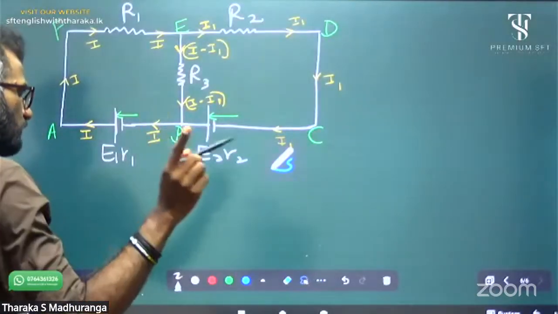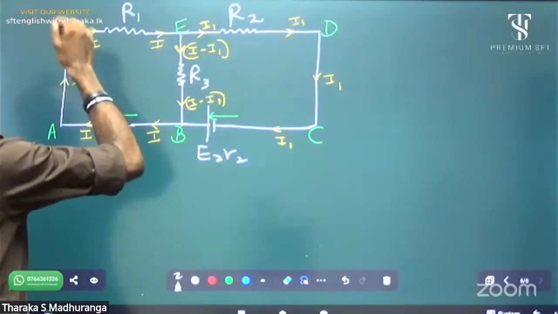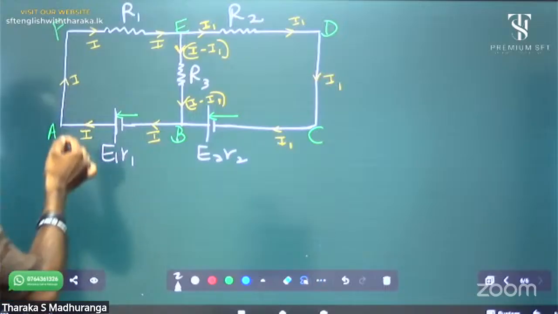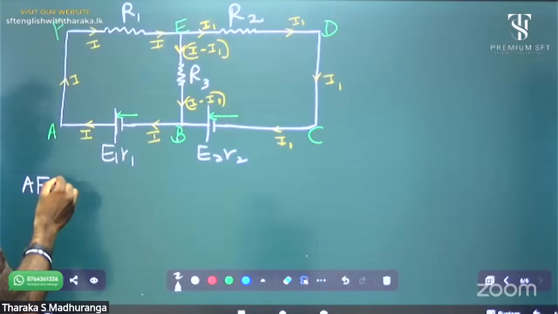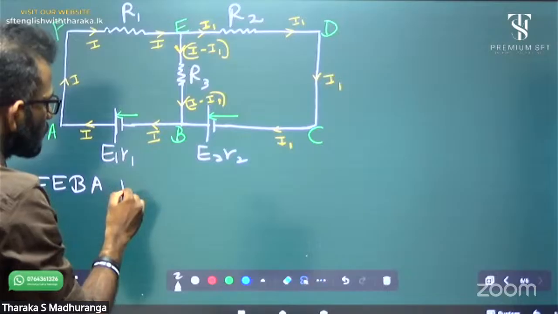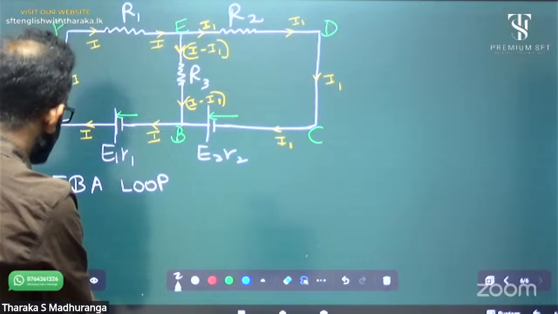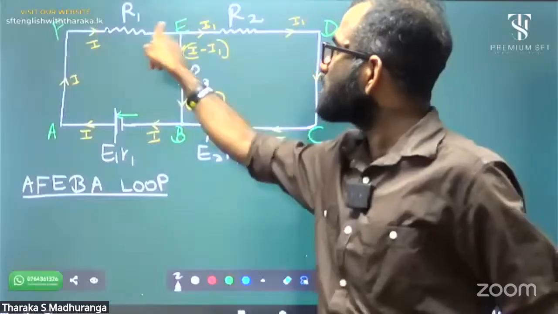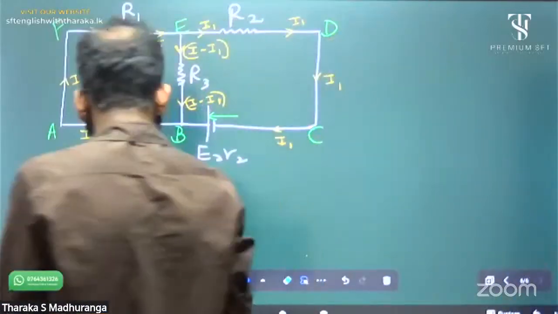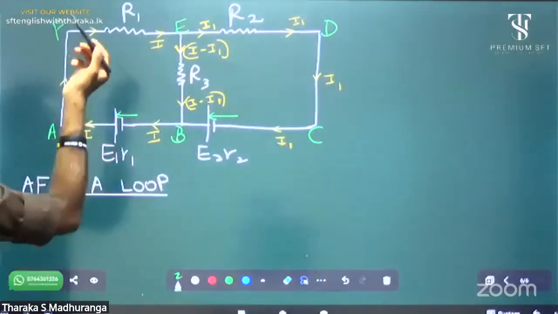See, I'm going to use Kirchhoff's second law on the loop A, F, E, B, A. Now tell me, A to F, no batteries.